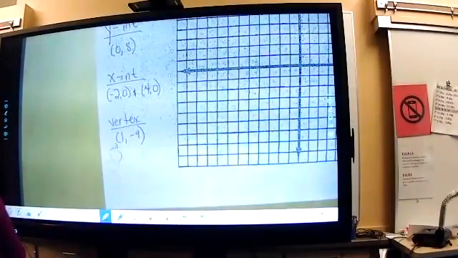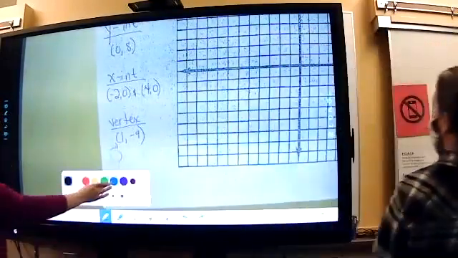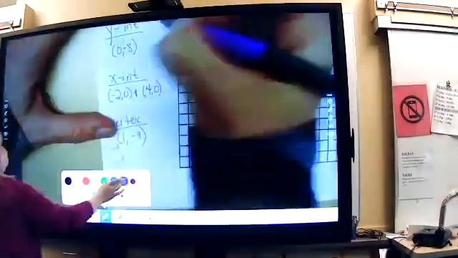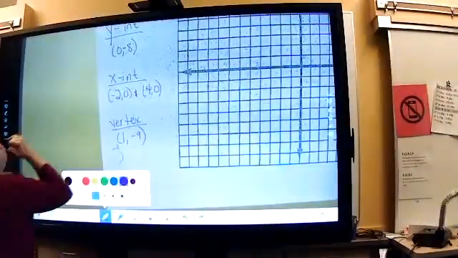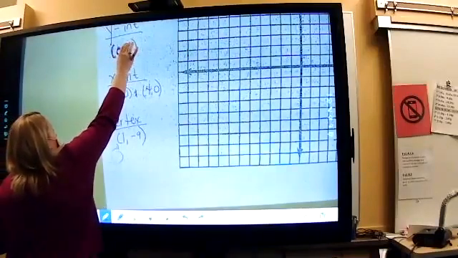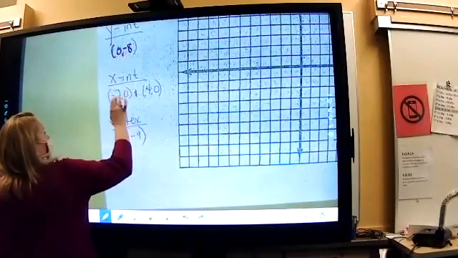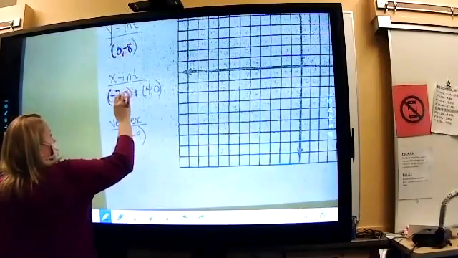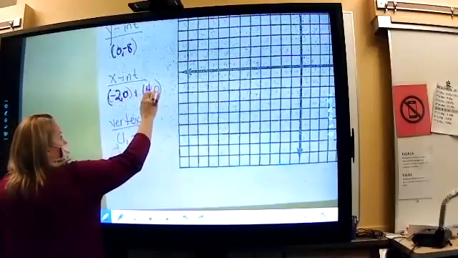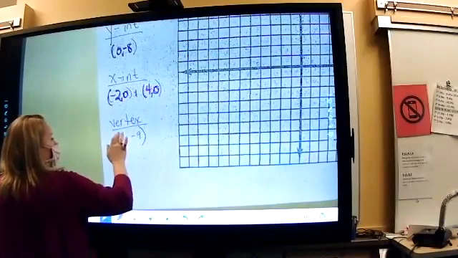Actually, the y-intercept is 0, -8, guys. 0, -8, and -2, 0. See if you can grab all 4 of these. Vertex is 1, -9. 1, -9 is the vertex.